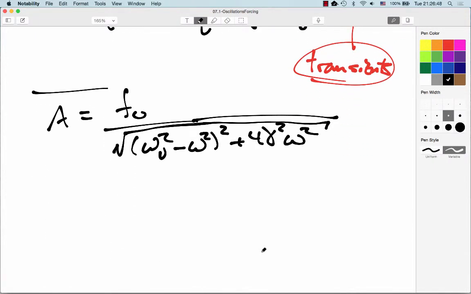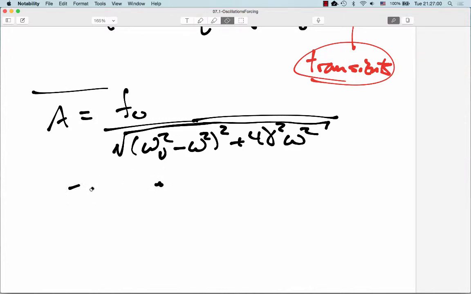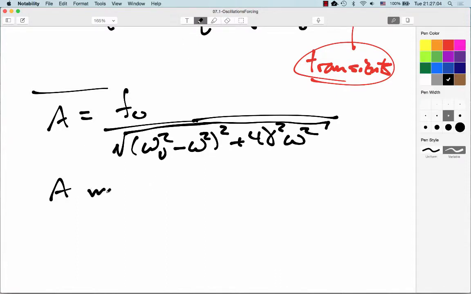So when is the amplitude here going to be a max? Well, the amplitude will be a max when the square root is a min. Well, how can I make that a minimum?